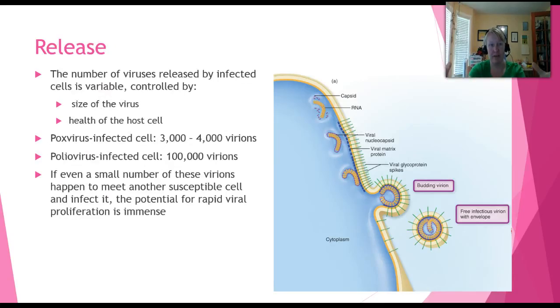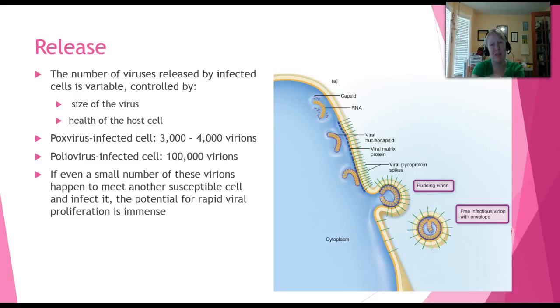So once the virus is assembled, it's time to release. Now there are a lot of different ways that viruses are released from the cell, but we're going to look at viral budding. What you see here in the viral budding is we have the capsid and we have the RNA, and the capsid comes around and protects the RNA. It then attaches to the cell membrane, where it will bud off, and this creates a new enveloped virus from the cell.